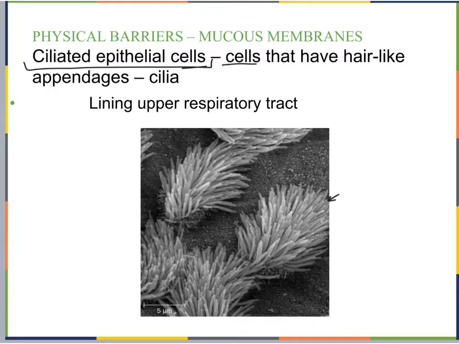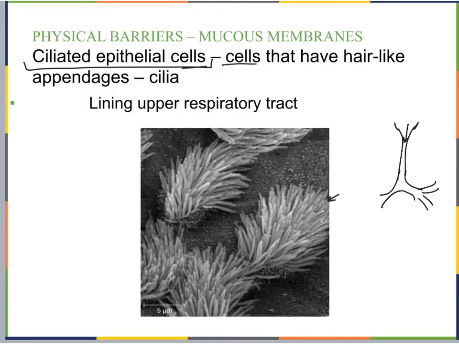So if we think about it, we breathe in, and this is our trachea. This is supposed to be like the opening to the mouth here. And then our trachea is going to bring the air down into our bronchial tree.